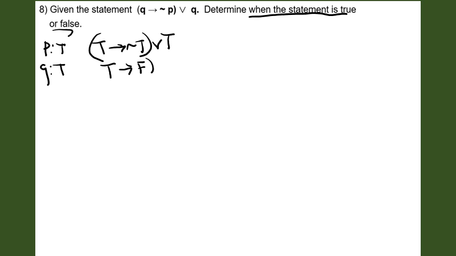It could be the case that both P and Q are true. When they're both true, we get this statement. Working it out, we get a true statement. It could be this scenario.